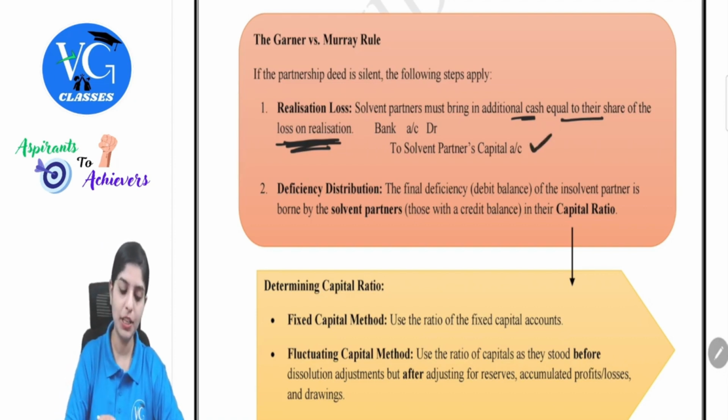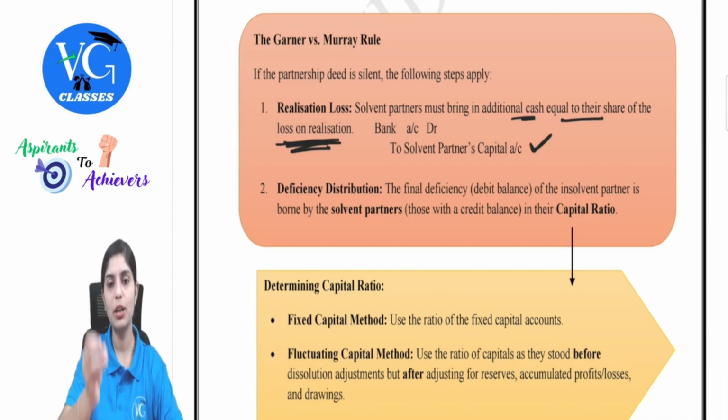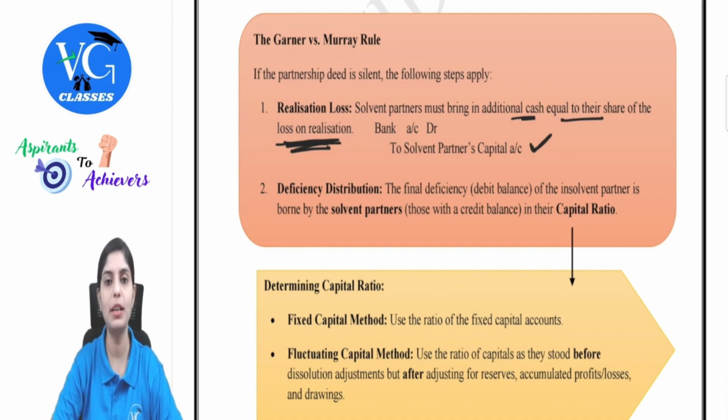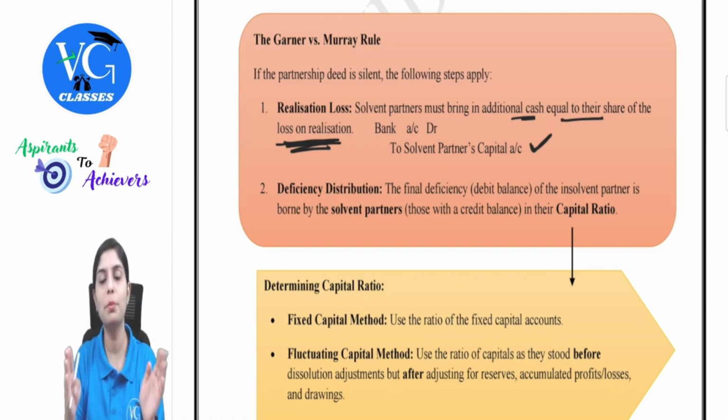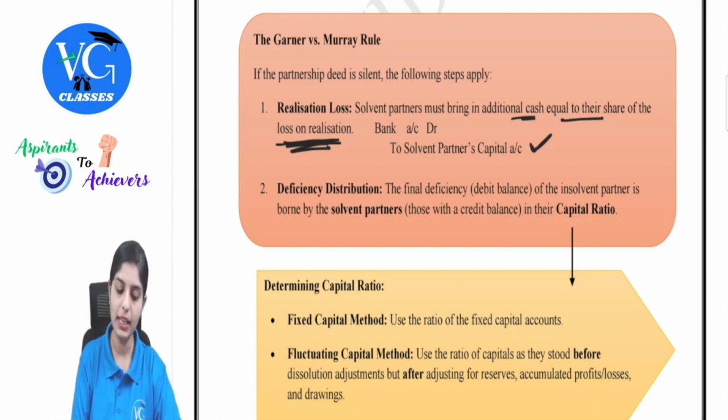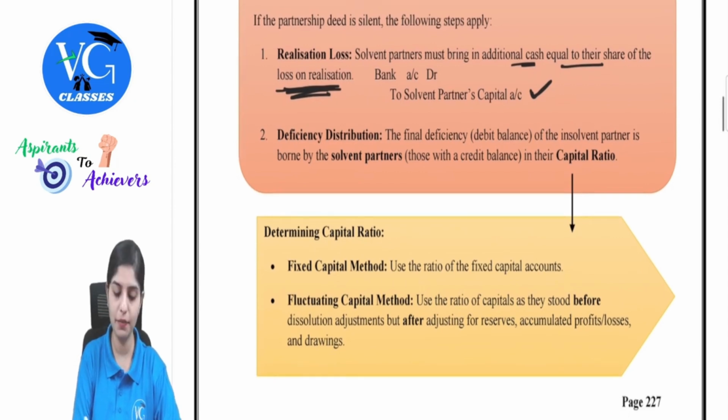Second one, deficiency distribution. Now we understood there is insolvency. Because of insolvency, his capital balance would be deficient. To resolve this, the solvent partners have brought in additional capital. The second step would be how do we allocate or distribute this deficiency? How do we arrive at the deficiency?